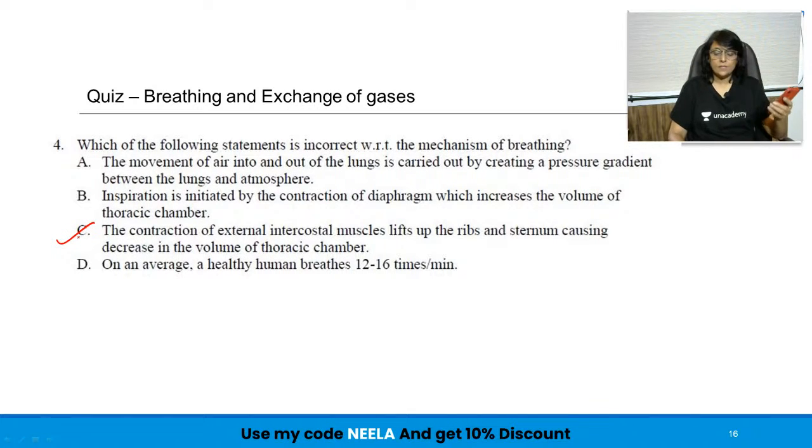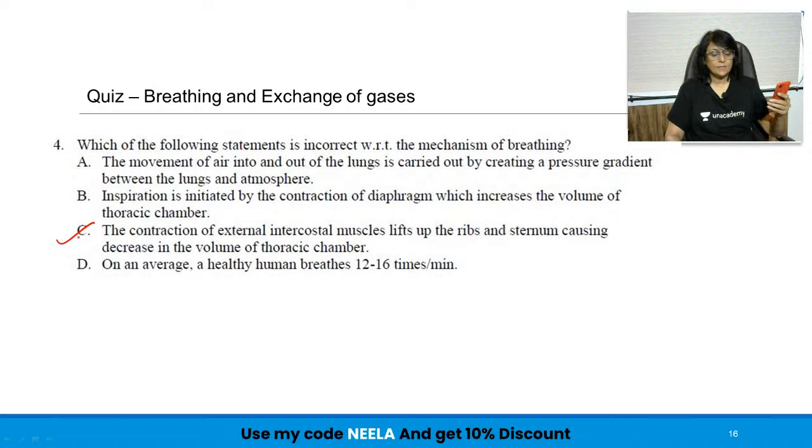Now, why do you think it is correct? The contraction of external intercostal muscles lifts up the ribs and sternum, causing decrease in the volume of thoracic chamber. What is incorrect in this statement? Okay, Hiren has given the answer now.